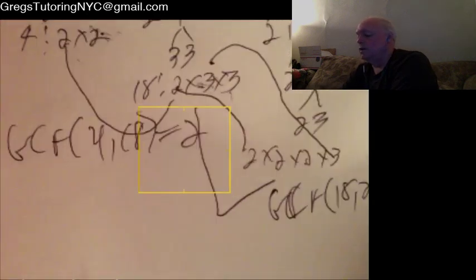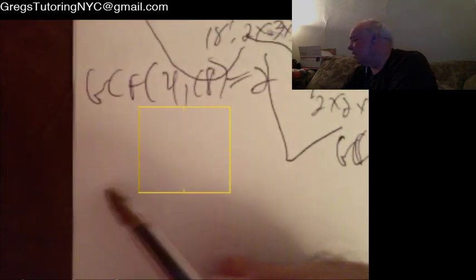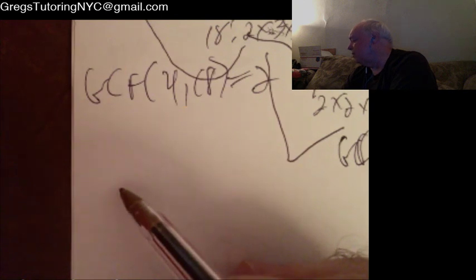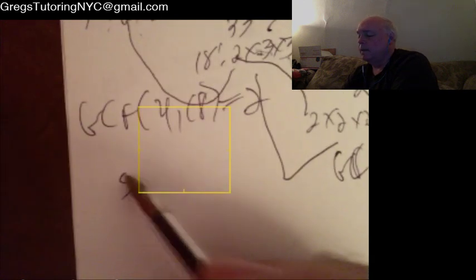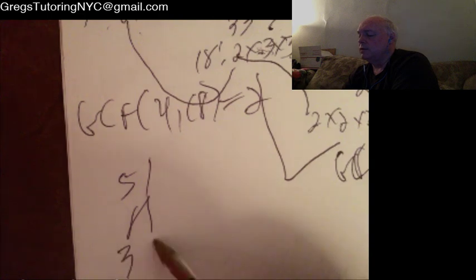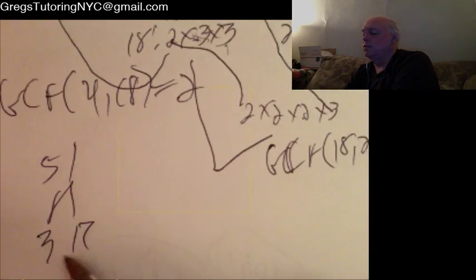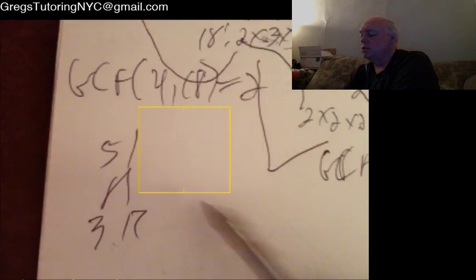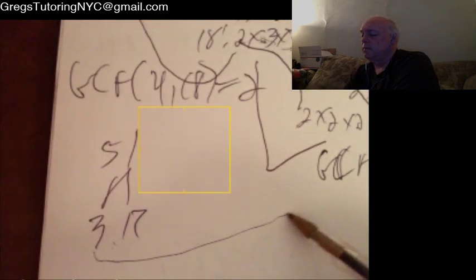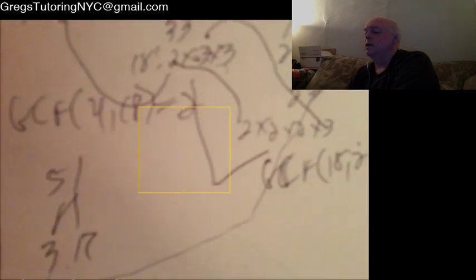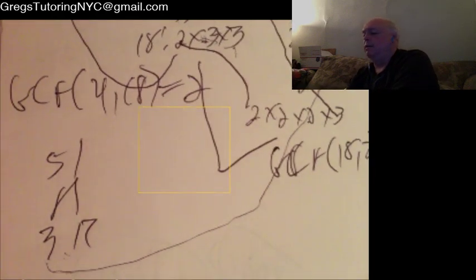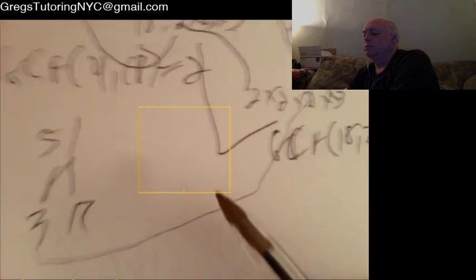If we did the GCF of 24 and 51, 51 gets 3 and 17. The 24 has no 17, but 24 has the 3. So we're looking for the common factors. They have to match one to one when we do this.